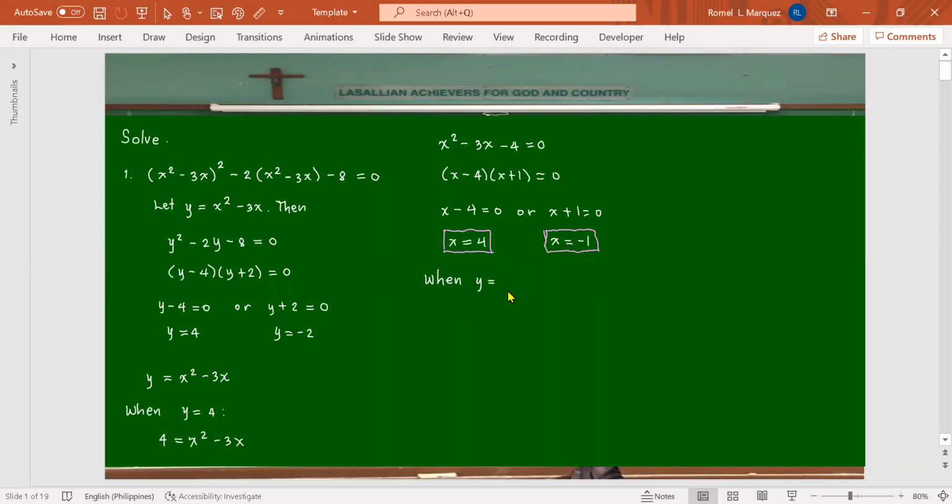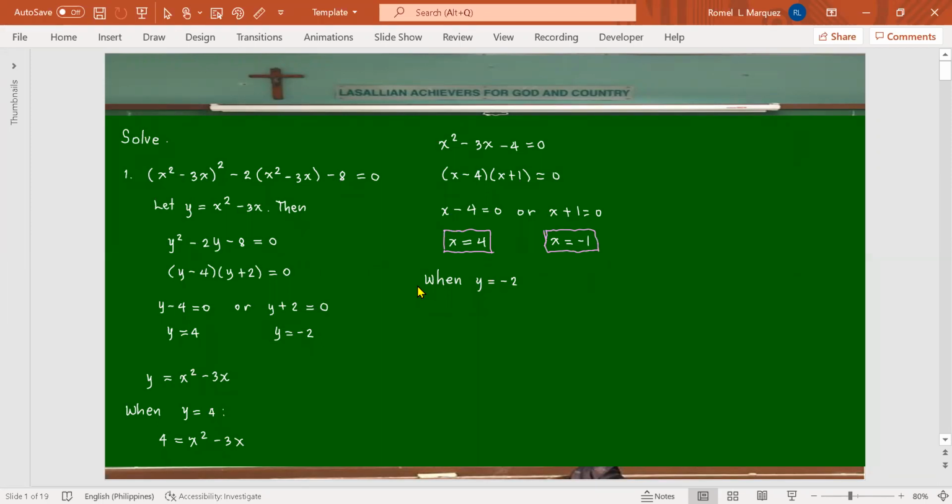Sir, what about when y is negative 2? Remember, we are not solving for y, but we are solving for x. So we are not supposed to stop at y equals 4, y equals negative 2, because what we are after are the x values. So what about when y is negative 2?